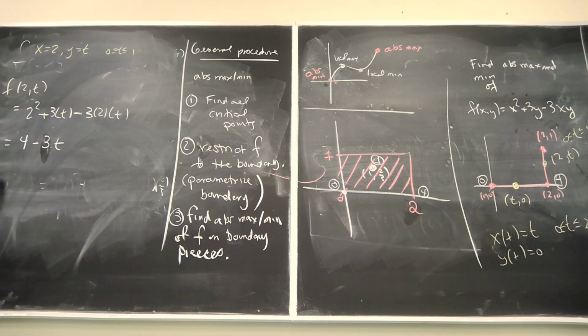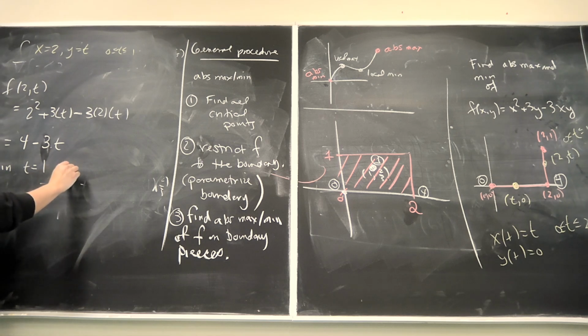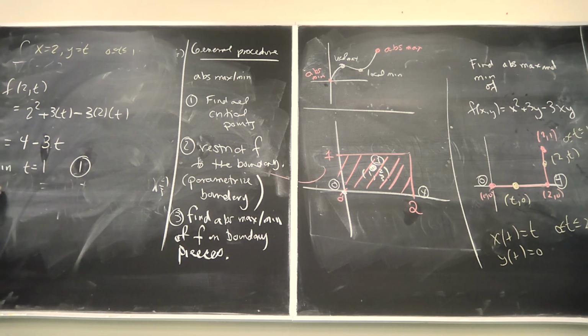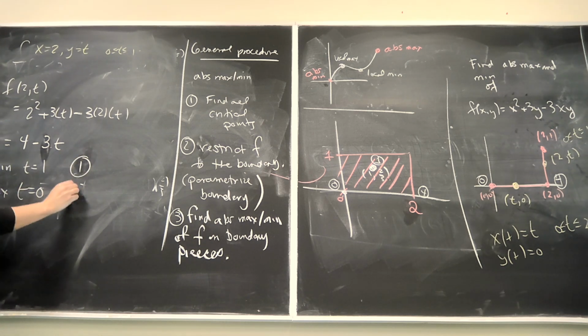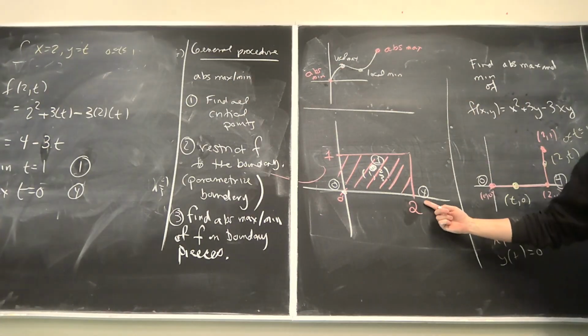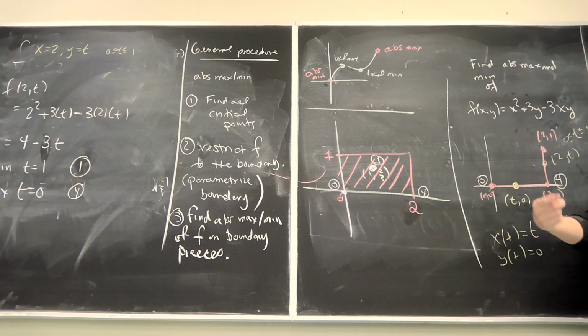This has its minimum value at t is equal to 1, and that's going to be 1. And its maximum value when t is equal to 0, which is going to be 4. So we go over here and we say, okay, we already knew the 4, so we just replicated information we already knew.